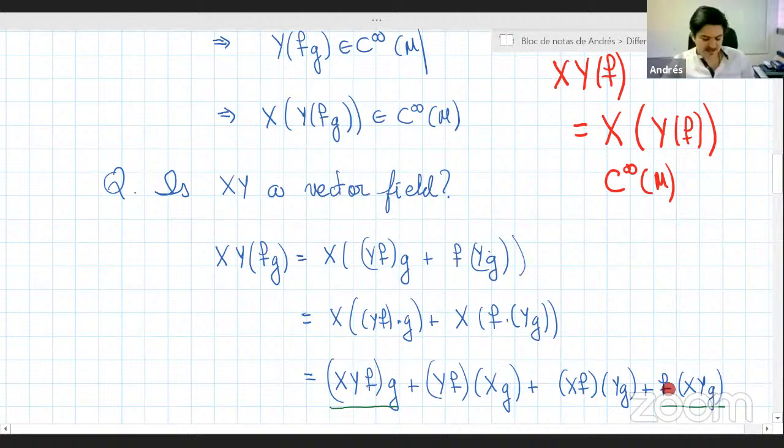Okay, now, I'm going to put together the first term and the last terms, because that's basically what I would be expecting if I would like this to be a derivation, right? It would be f times this applied on g, and then g times this applied on f.